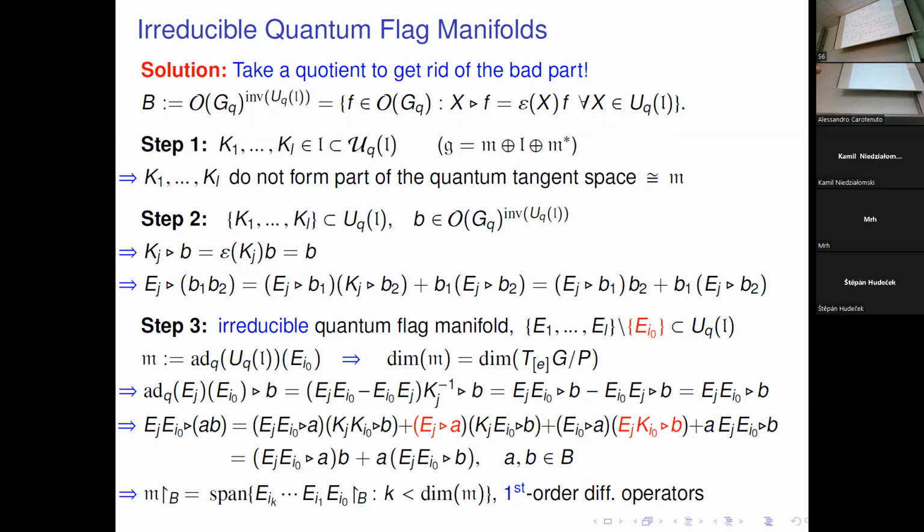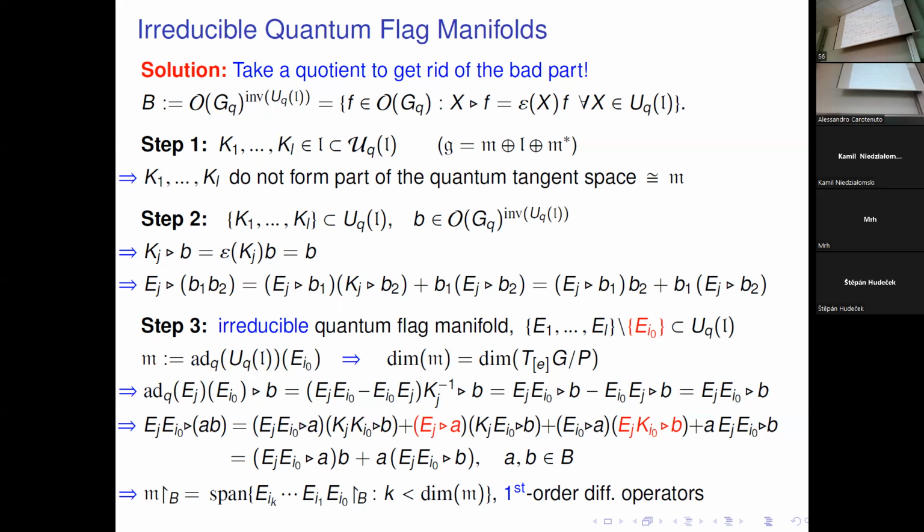It's the same as taking the quotient with a group. Now, I told you these group-like elements are very bad. But we keep them in the Levi factor. So the functions we are considering are all invariant under these bad elements.